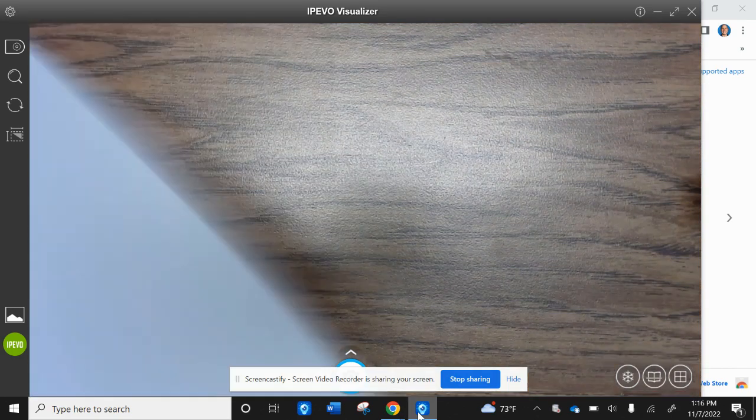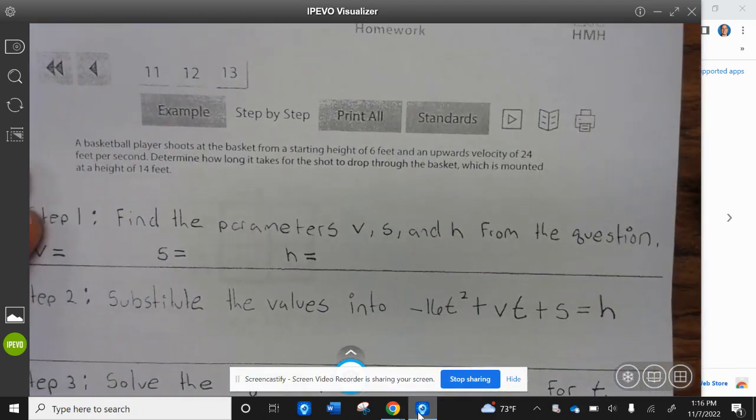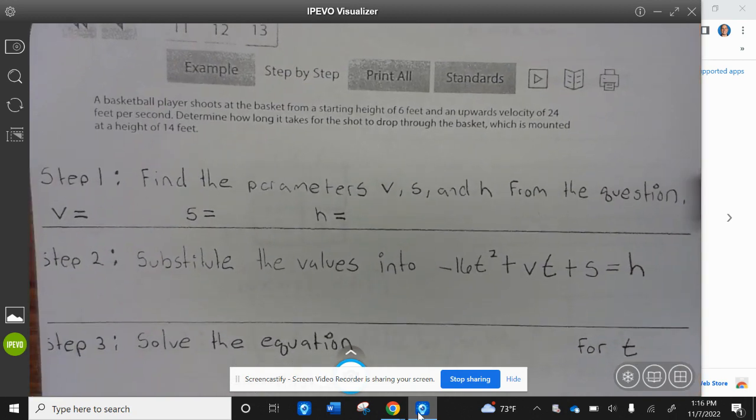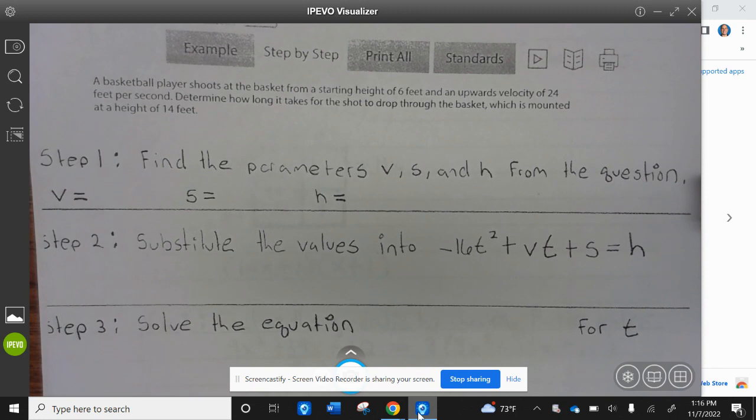All right, let's take a look at the last example. A basketball player shoots at the basket from a starting height of 6 feet and an upwards velocity of 24 feet per second. Determine how long it takes for the shot to drop through the basket, which is mounted at a height of 14 feet. So step 1, find the parameters V, S, and H from this question.